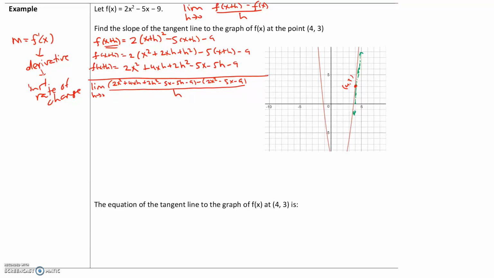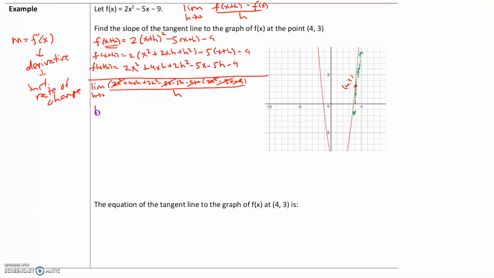Now, as we know, anything that doesn't have an h term in it is going to cancel. For example, this 2x squared and this negative 2x squared, that's going to be 0. We have a negative 5x minus negative 5x, that becomes a positive 5x, so the negative 5x and positive 5x cancel. We have a negative 9 minus negative 9, so those also cancel.